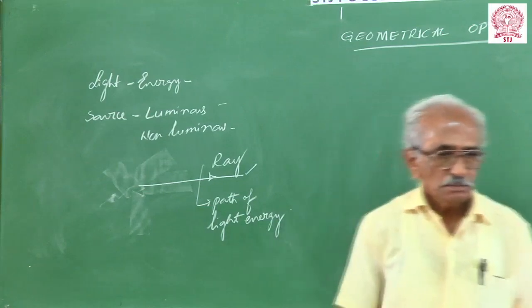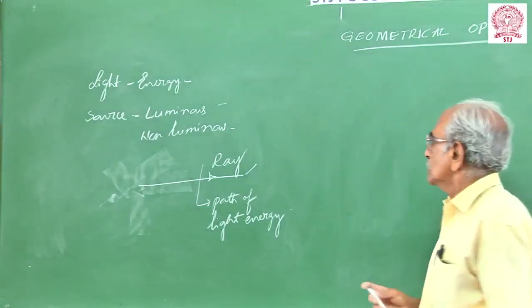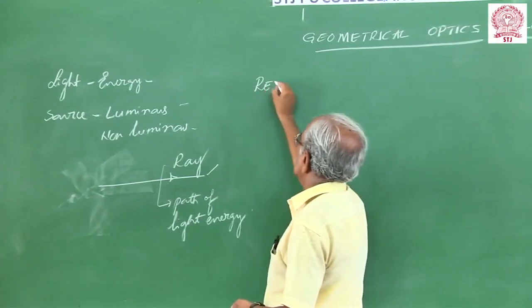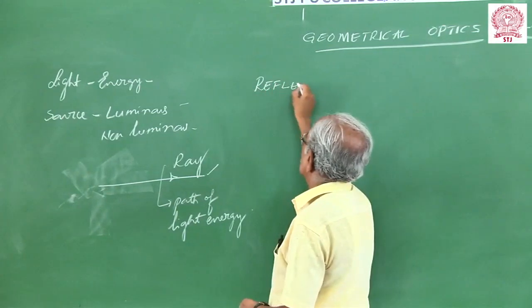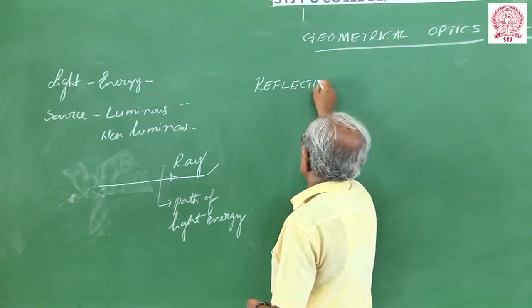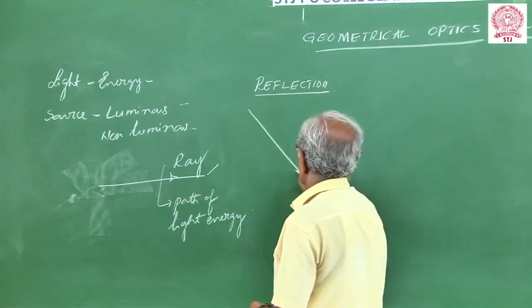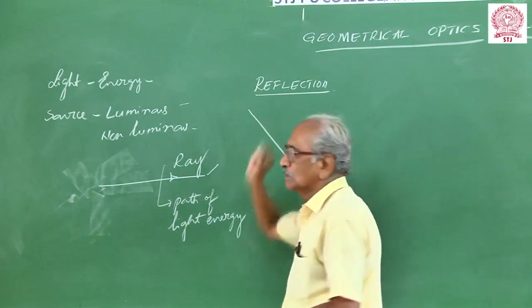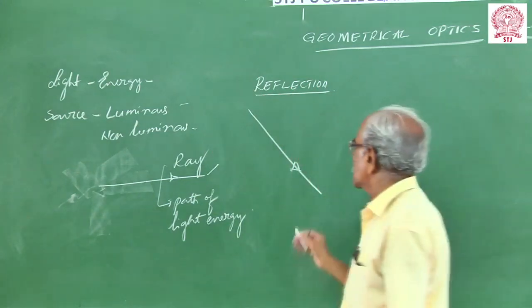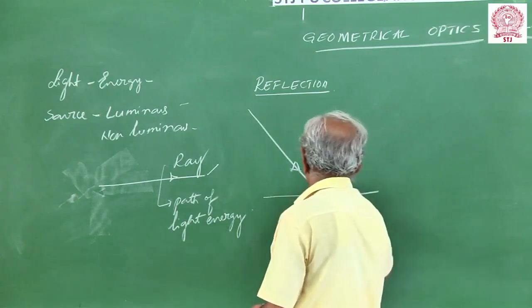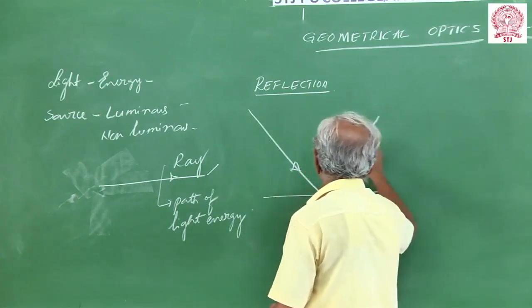Now, we are seeing the reflection. Where a ray of light or beam of light falls on a mirror like this, it is sent back.